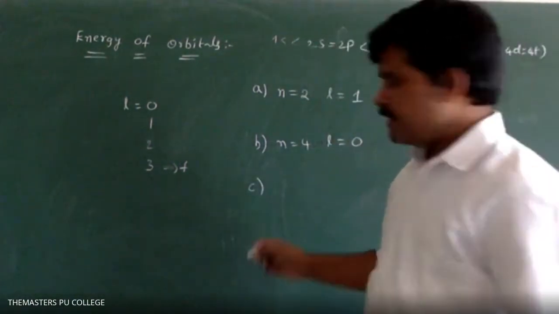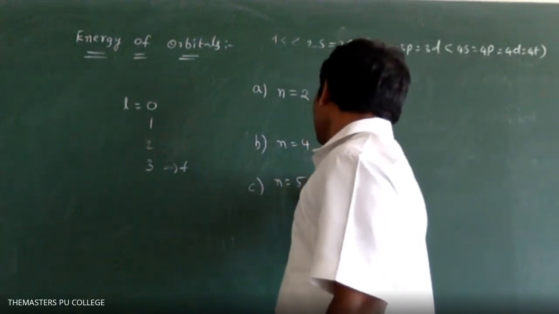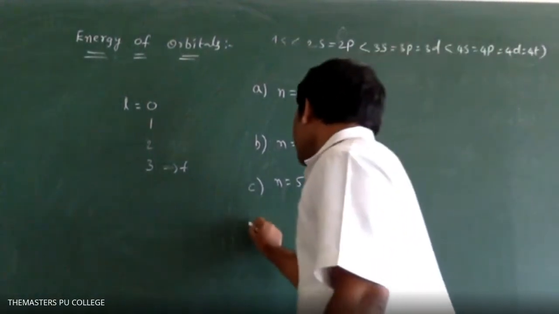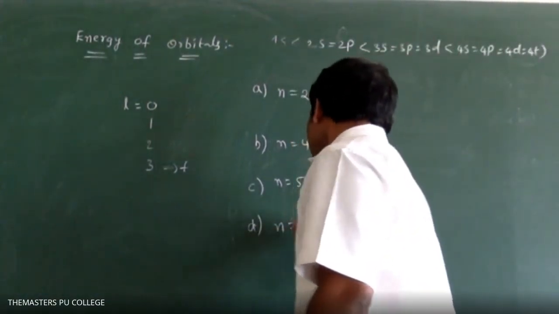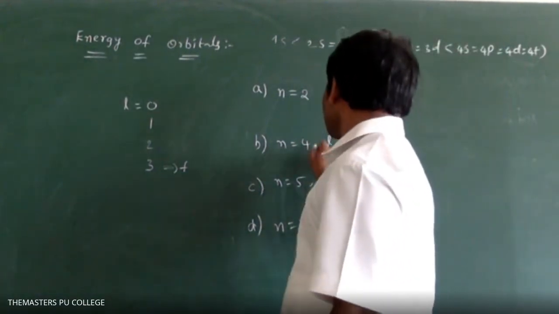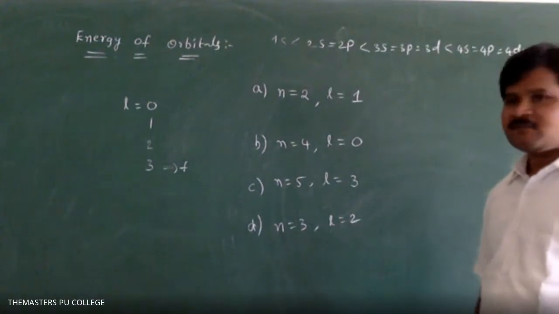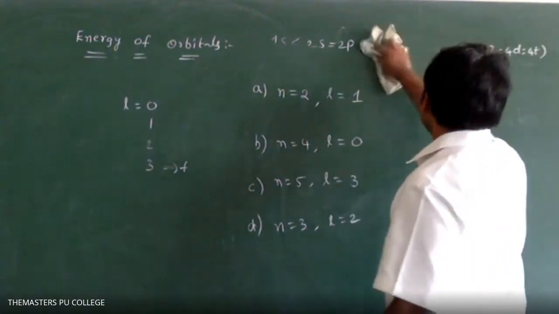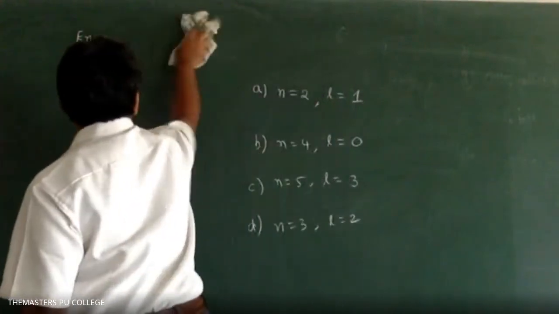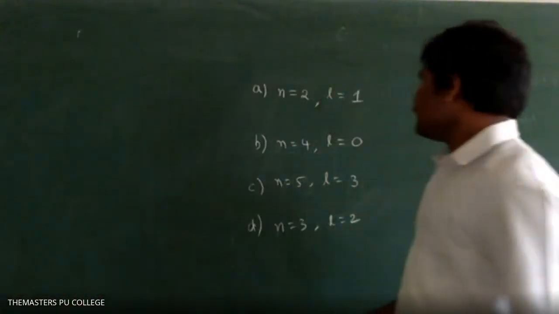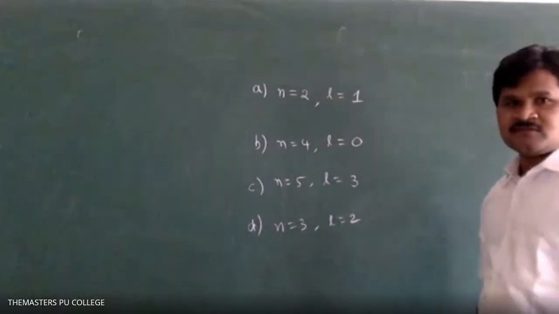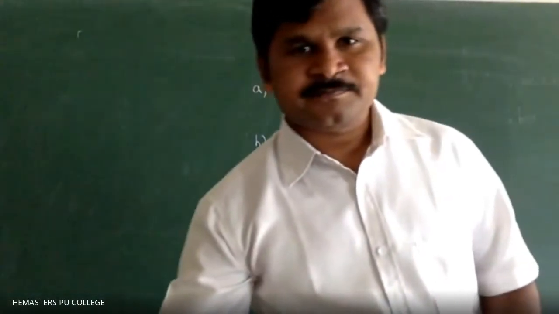C, n is equal to 5, L is equal to 3. D, n is equal to 3, L is equal to 2. This is the question.